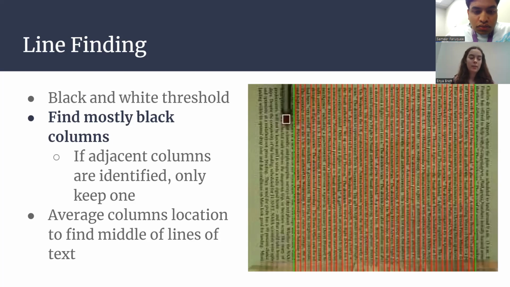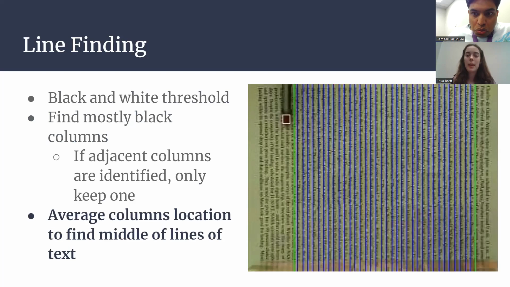So we said if 2 or 3 of the pixels in the whole column were white, out of all of the rest of them being black, that meant that this was a spot in between the lines of text. And so then this was labeled as a column to draw a line on.